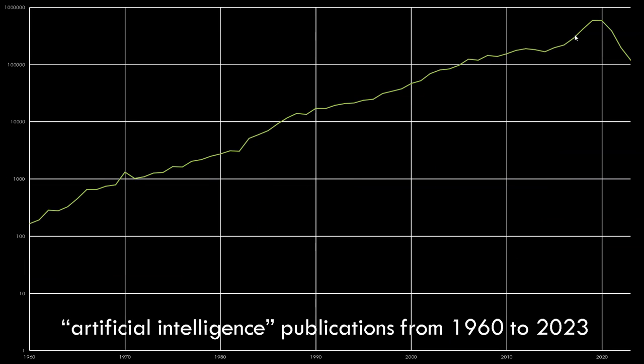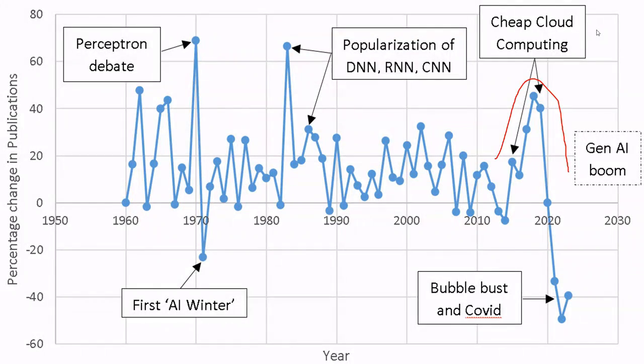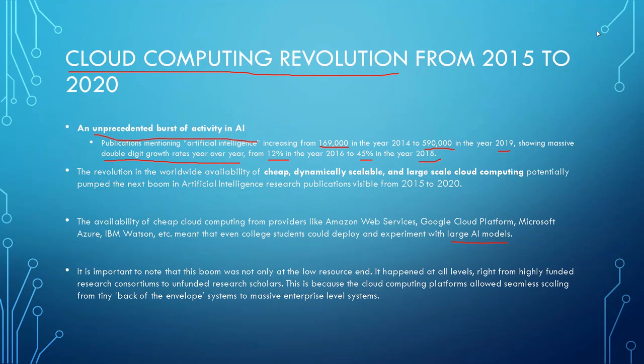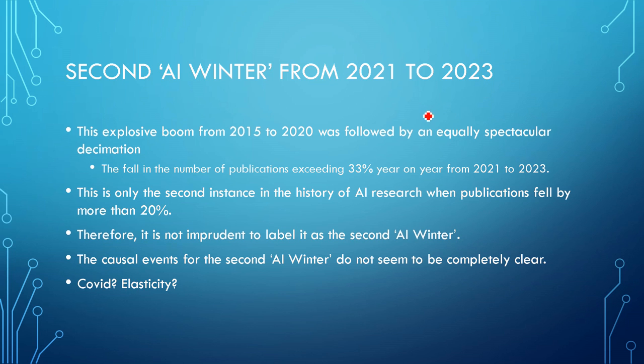And this is the hump that we see here. The rise of the hump here is probably due to the availability of cheap cloud computing. And interestingly, this unprecedented, spectacular rise was followed by an equally spectacular decimation, an equally spectacular fall.